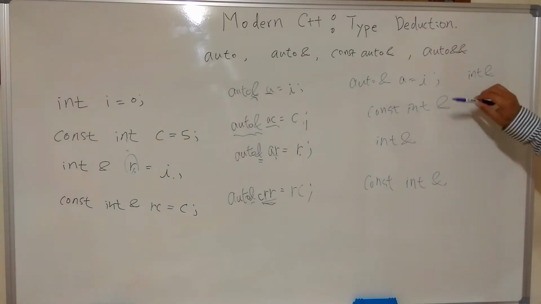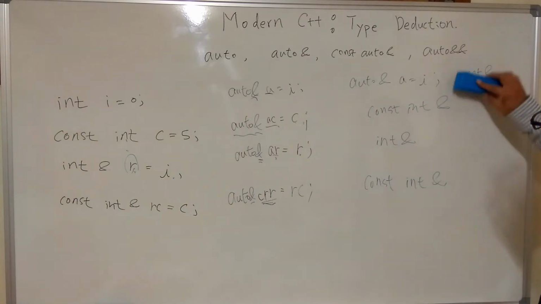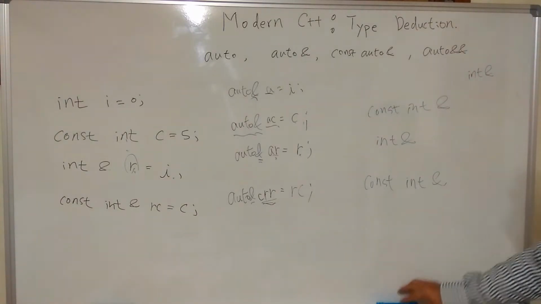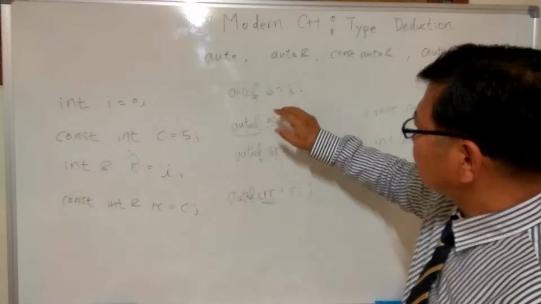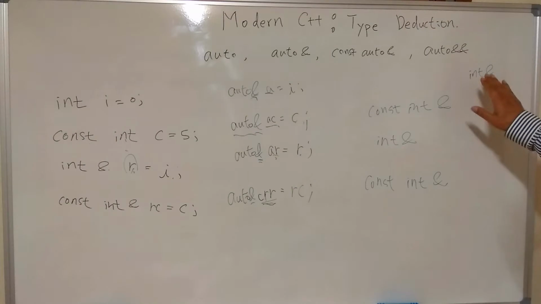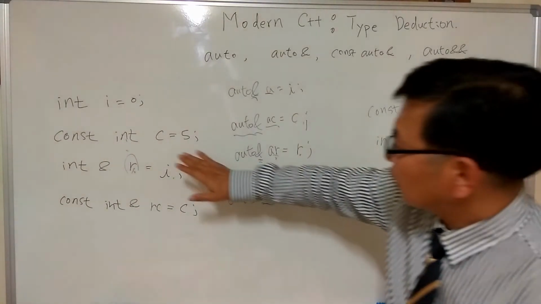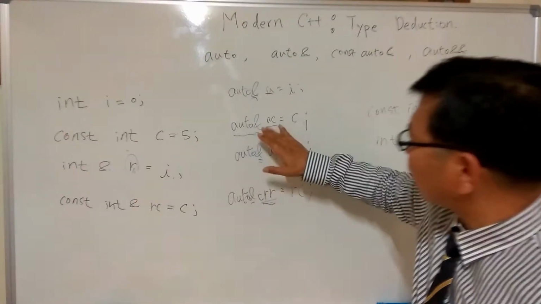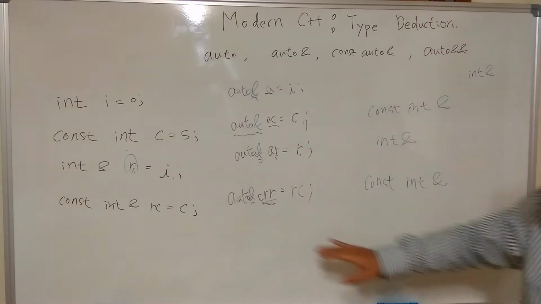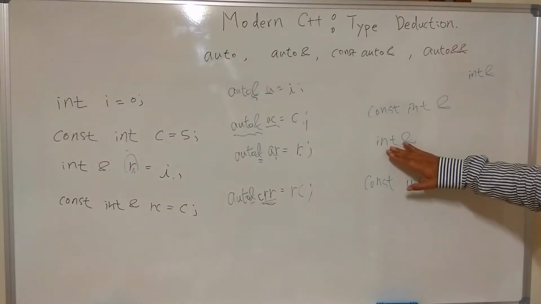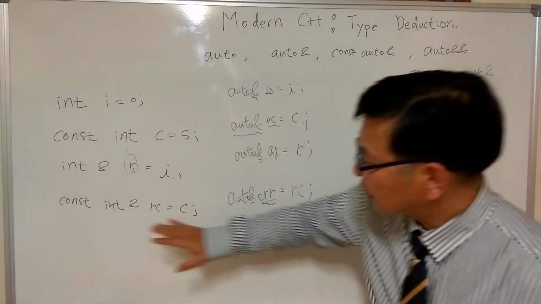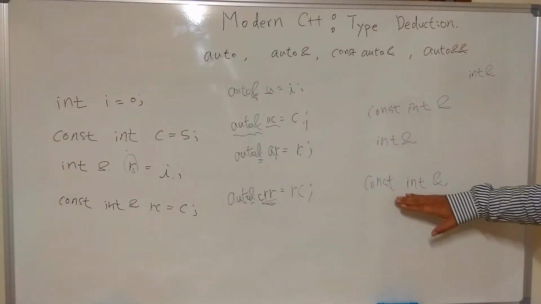Now, if you apply reference here, the original data type is preserved. A's type, I's type: the int reference is preserved, the integer reference is preserved, and the constant int reference is preserved.